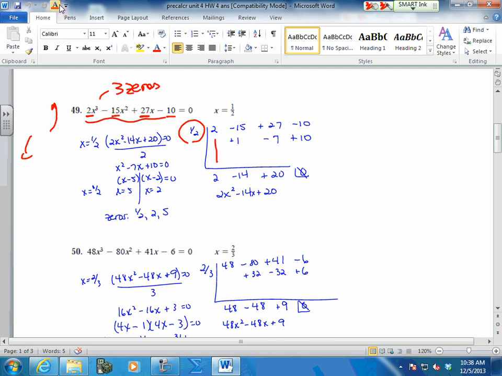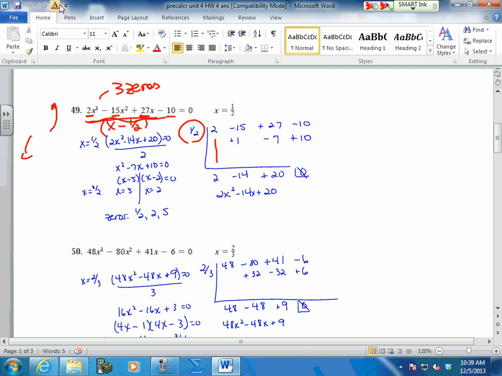Now, this is what you say to yourself. If you found 1 and you needed to find 3, how many are left to find? 2. So therefore, this is an x squared, right? Because then I need to find 2. So the same thing as if I divide it out by this.